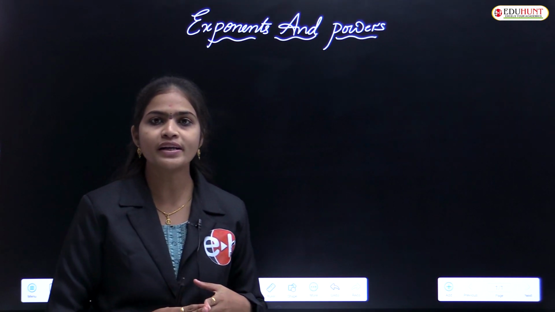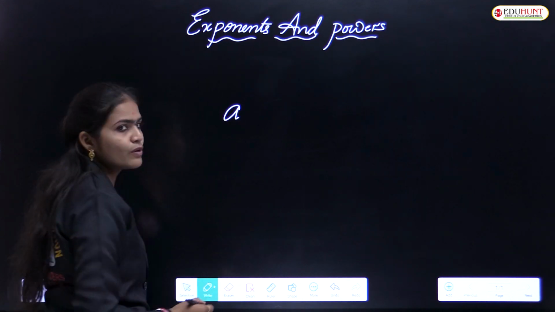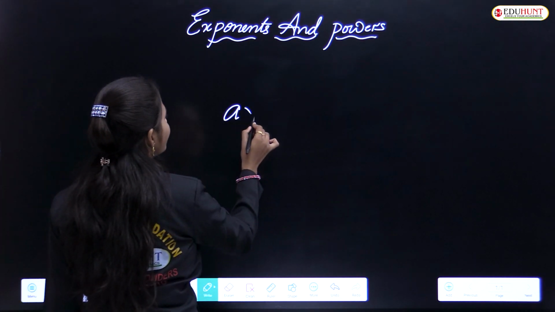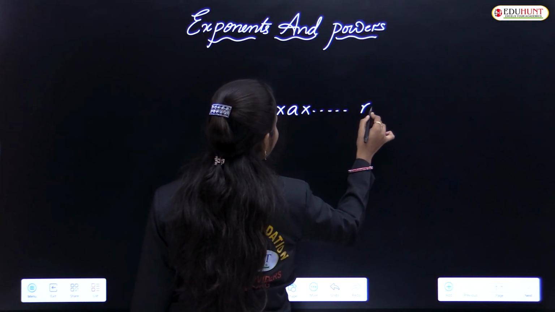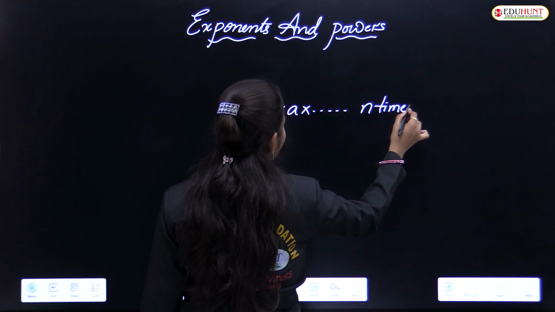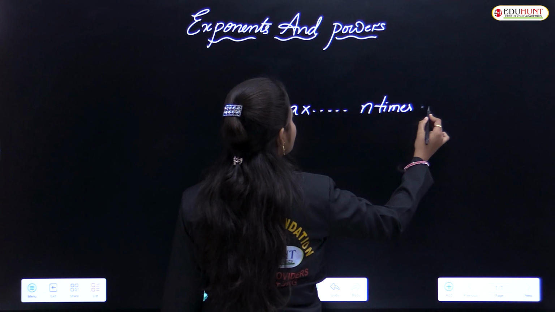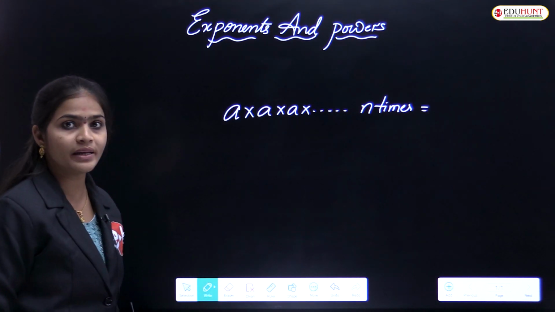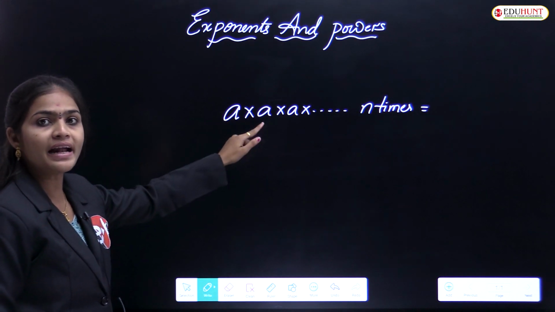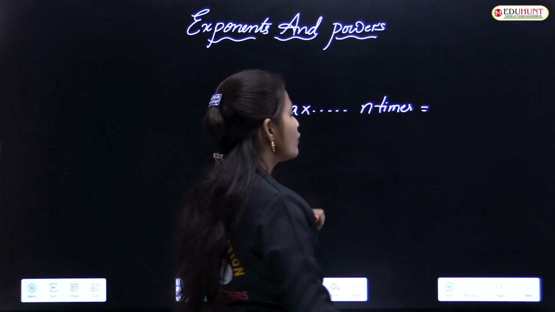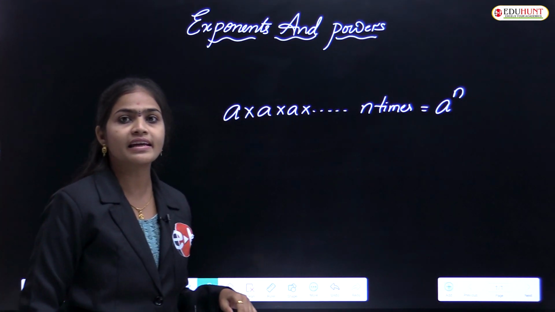Exponents means, for example, let us take a as a number. If a number a is multiplied by itself n times, then we can write this as a power n.